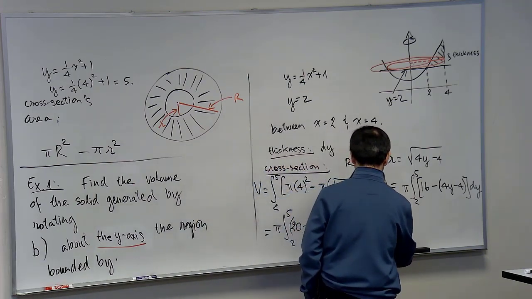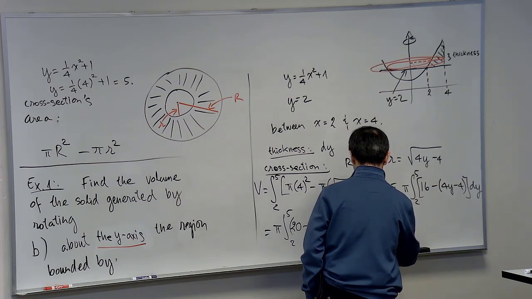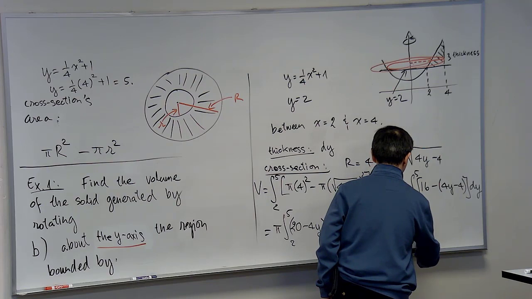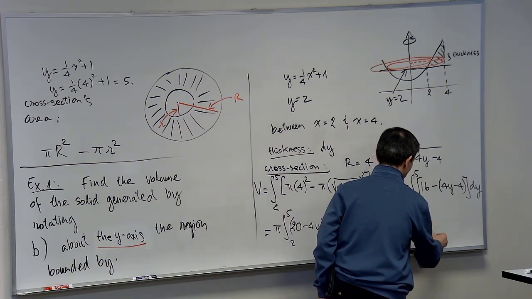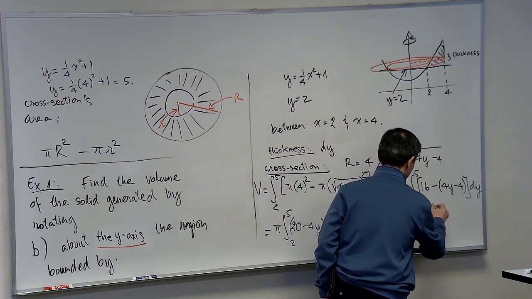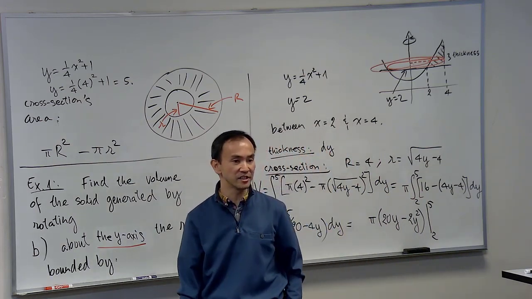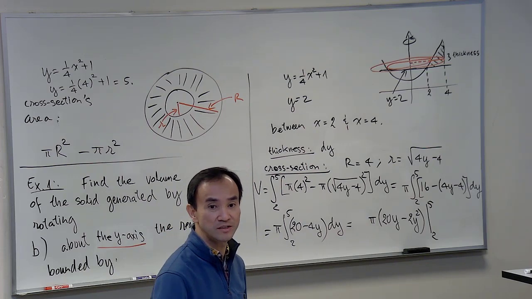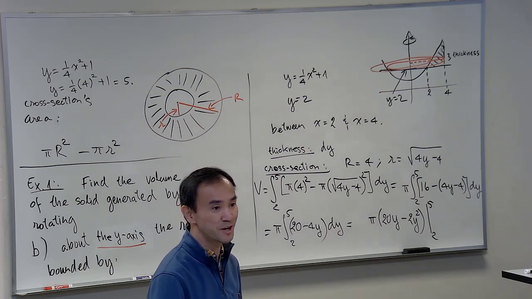So we're looking at pi times 20y minus 2y squared. I'm assuming that you have already been through how to find antiderivatives. I hope I'm not rushing for anyone's work. Are we okay?